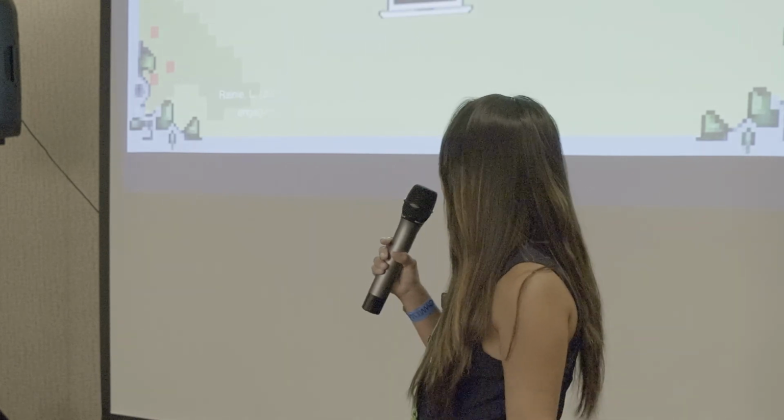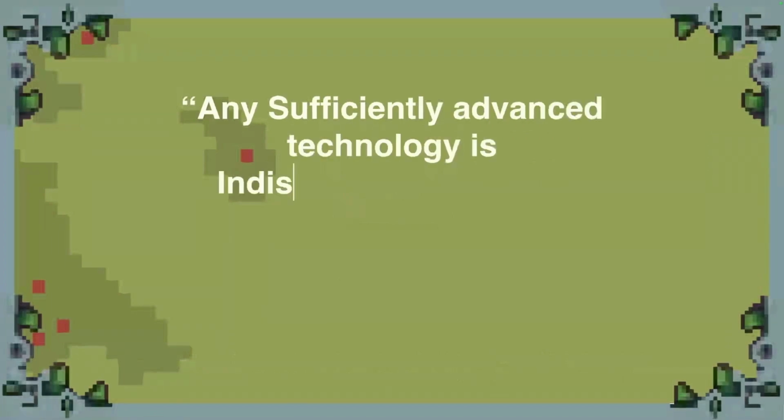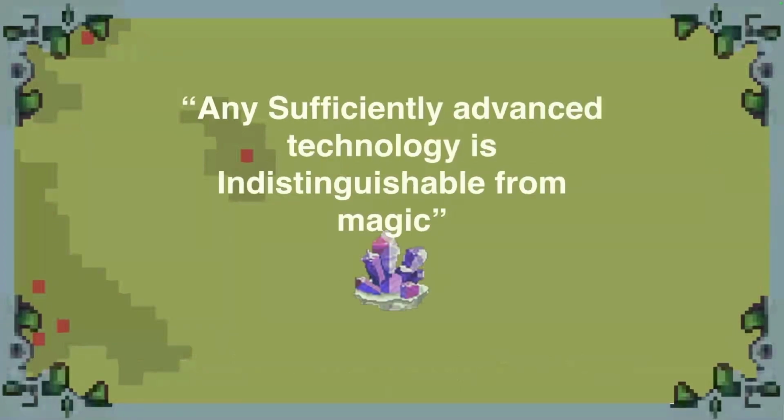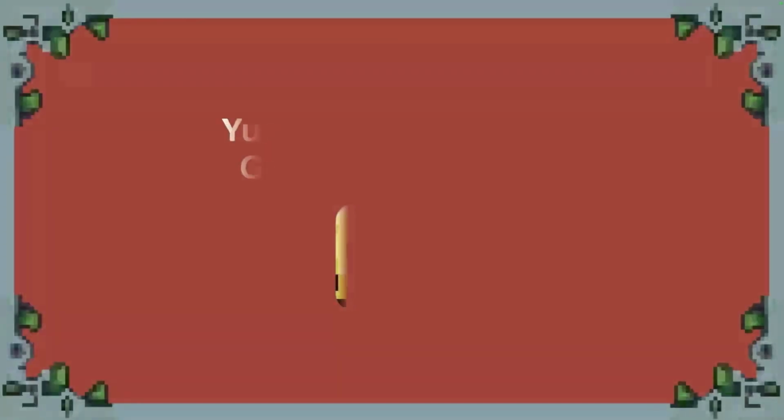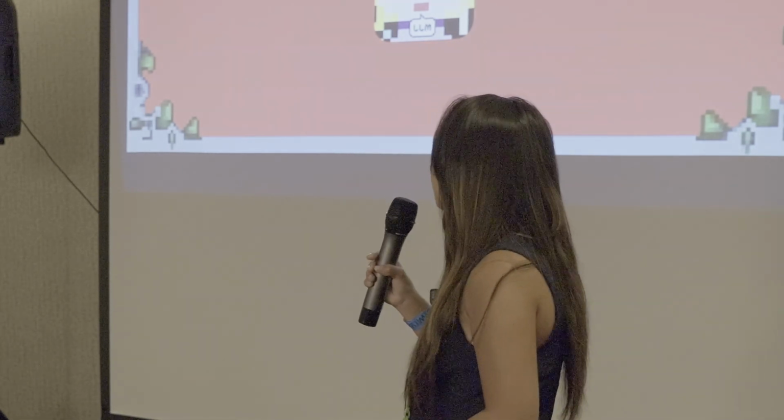So some interesting data. Did you know that more than half of the US population have used AI large language models? And some interesting quote that my professor always said to us in machine learning lessons is that any sufficiently advanced technology is indistinguishable from magic. So that brings me to the motivation of my app, because a lot of people use chatbots and large language models every day, but these tools are so difficult to understand because they are built with so many parameters that it gets really hard for people who come from non-technical backgrounds to understand.